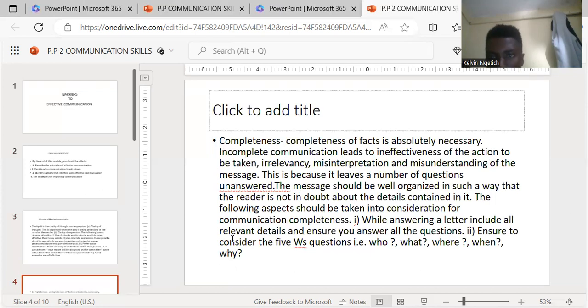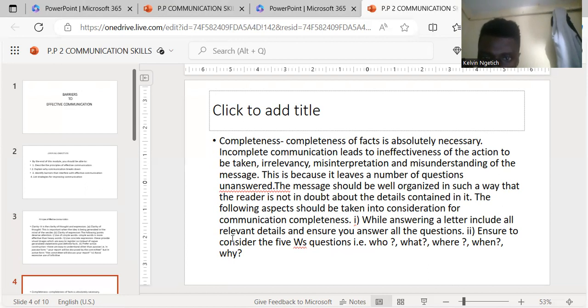Next, we have completeness. Incomplete communication leads to ineffective action on the message. This is because it leaves a number of questions unanswered. The message should be well organized in such a way that the reader is not in doubt about the details contained in it.